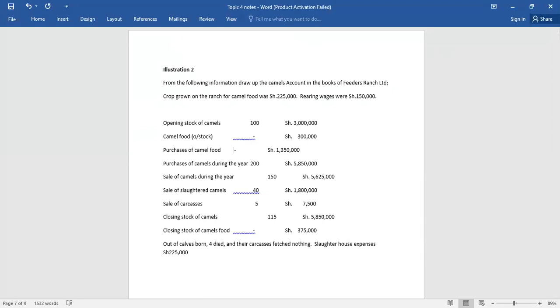You can just use the capital T enlarged method. Later on, you can try the vertical. The good thing about the capitalized method, you are able to get the answers straight.